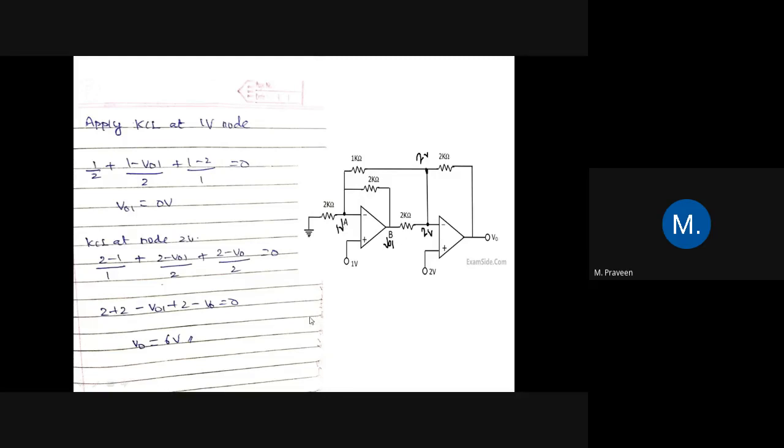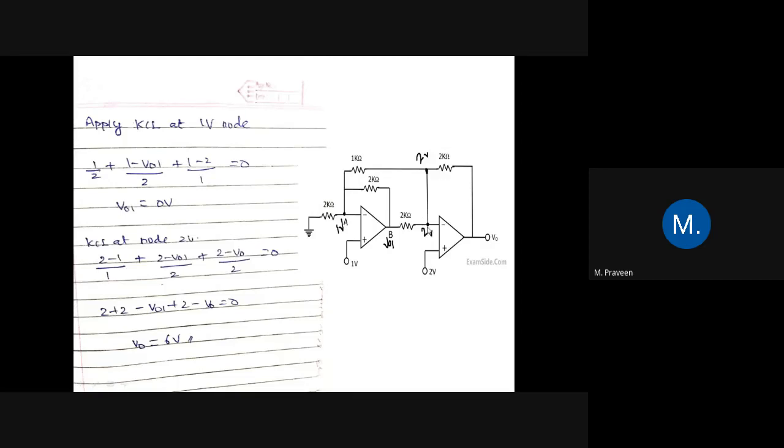Now we have to apply KCL here. If you apply KCL here, then we can easily find V naught. If you apply KCL at this 2 volt node, you'll be getting (2 minus 1) by 1 plus (2 minus V naught) divided by 2.